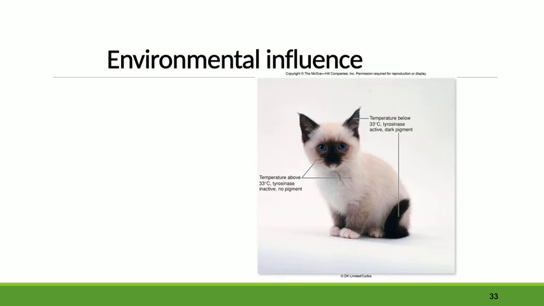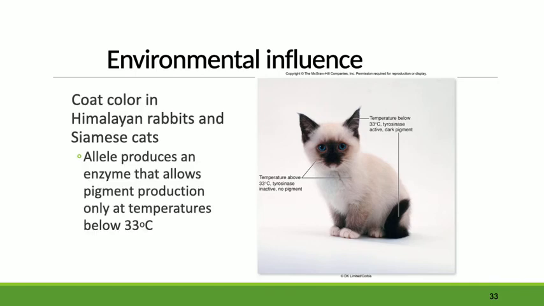However, here's an example of coat color in Siamese cats, and also this is true for Himalayan rabbits, that demonstrates the environmental influence very, very directly. So there is an allele that produces an enzyme that allows pigment production only at temperatures below 33 degrees Celsius.